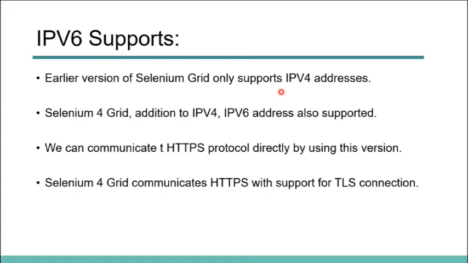In Selenium 4 Grid, in addition to IPv4, IPv6 addresses are also supported. We can communicate over the HTTPS protocol directly by using Selenium 4 versions. Selenium 4 Grid communicates over HTTPS with support of TLS connection.